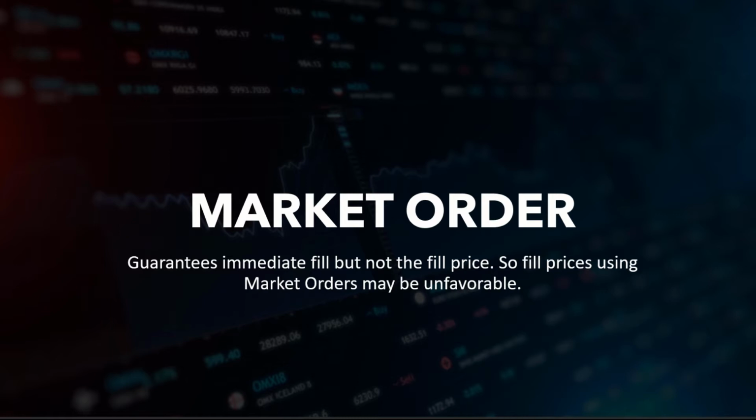And if you want to buy Apple immediately, you would put in a market order. And whatever the market price is at that instant, you would get filled for it. So if it's 110, you'll get filled at 110 or very close to that price. Maybe it could be 109.5, could be 110.5, but you put in a market order when you're not too concerned about the price and you just want to get filled immediately.